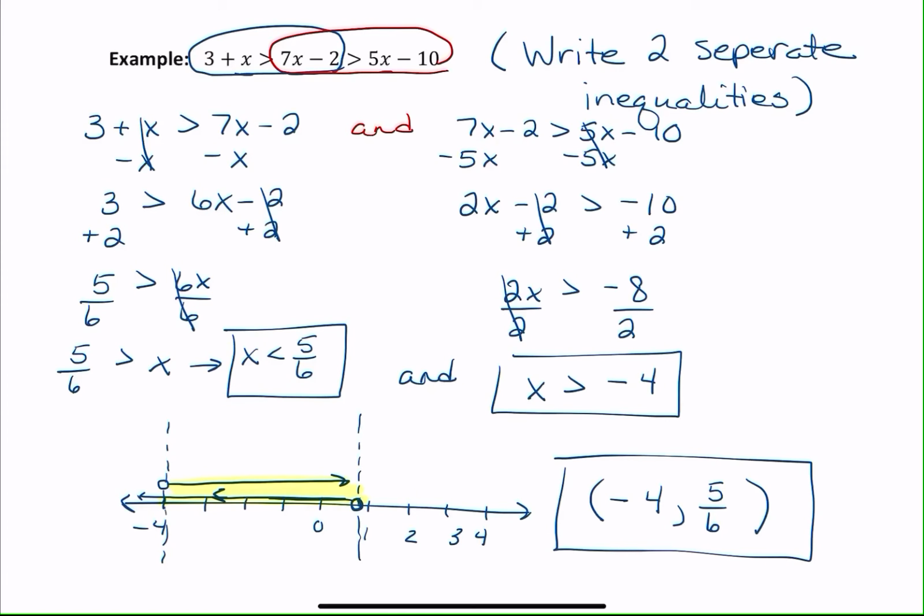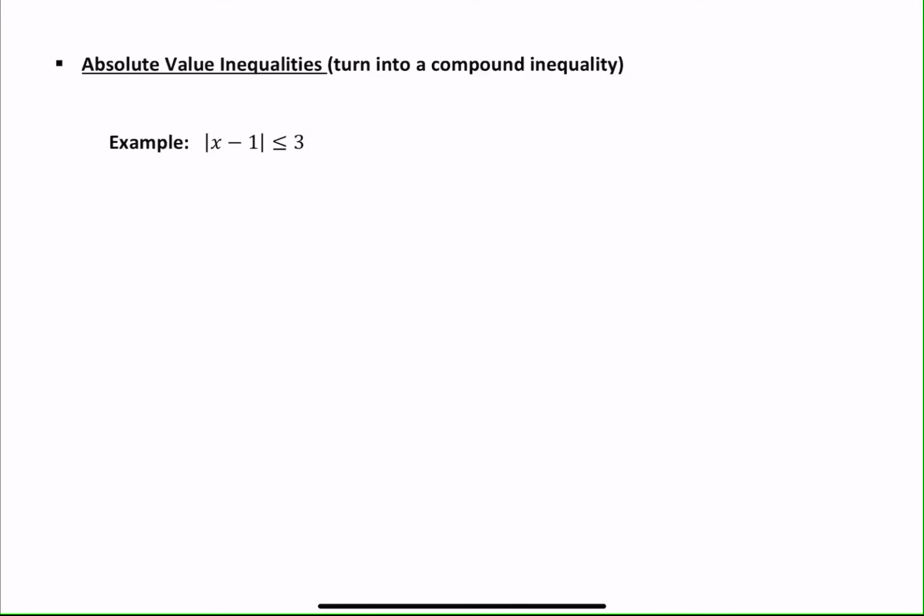Okay, the last example involves an absolute value inequality. And what we're going to do here is turn this into a compound inequality. And the reason for that is because recall that absolute value is the distance from one number to another, which means from the right and the left.